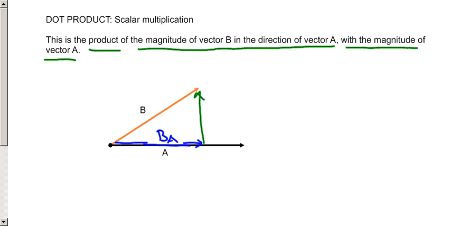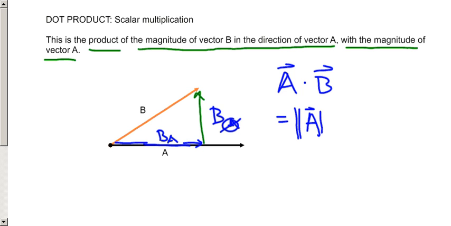And then B that's not in the A direction there. So we broke down B into two vectors, one that's parallel to A and one that's perpendicular to A. And what the dot product does, when we dot A dot B, is find the magnitude of A multiplied by the magnitude of B in the direction of A.